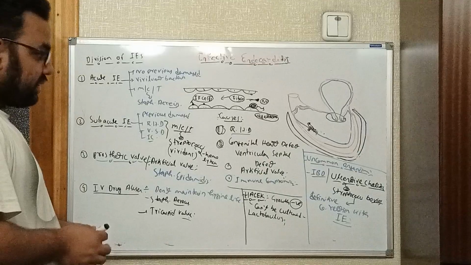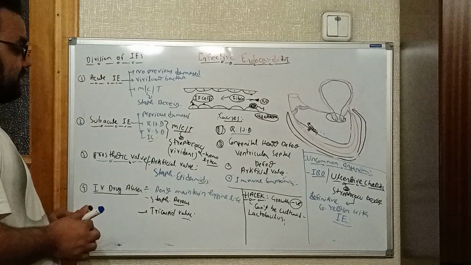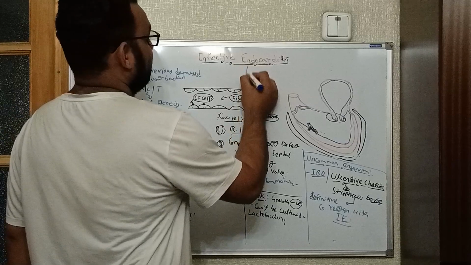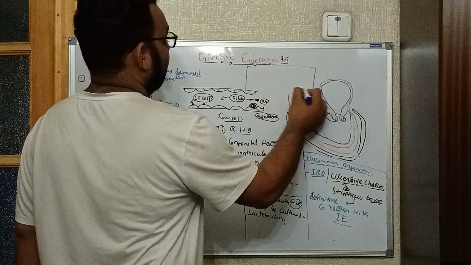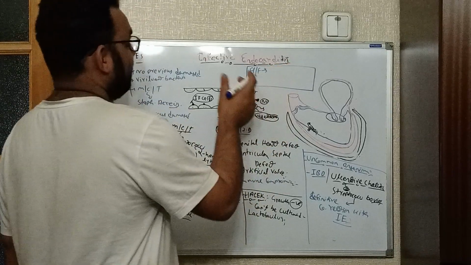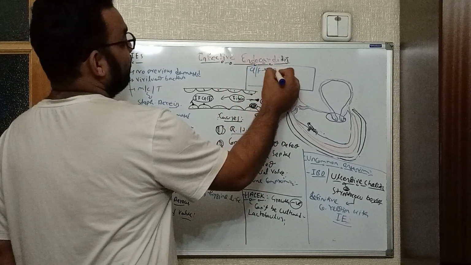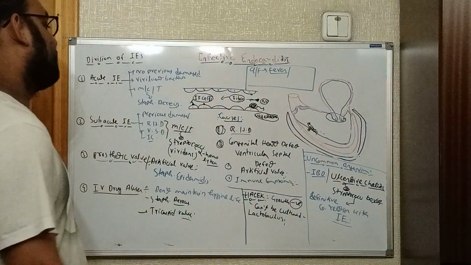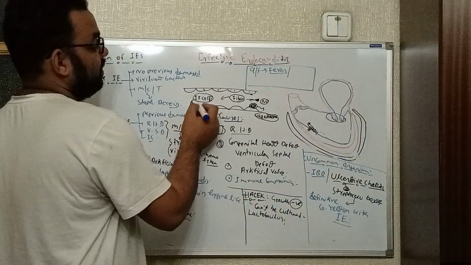Okay. Now, what about the clinical features or clinical manifestations we can get for these? Definitely, whenever there is infection, fever will be there. Along with the fever, as I already explained, there will be different types of vegetation formations.